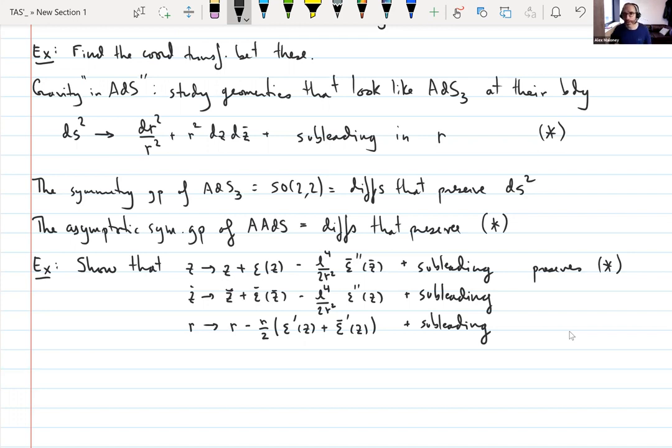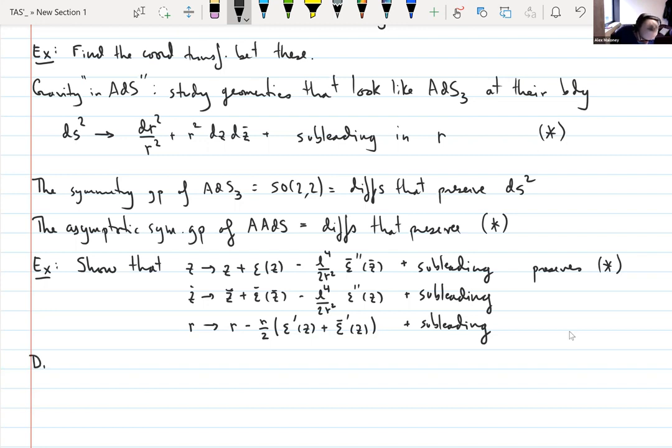So now, here I've written down an explicit form of a diffeomorphism involving a function epsilon of z. This epsilon of z is characterizing how the diffeomorphism behaves near the boundary. That is to say, how it acts on the boundary. And in particular, you should remember yesterday how conformal transformations acted on the complex plane, right? z went to some other holomorphic function of z, and z bar went to some other anti-holomorphic function of z bar.